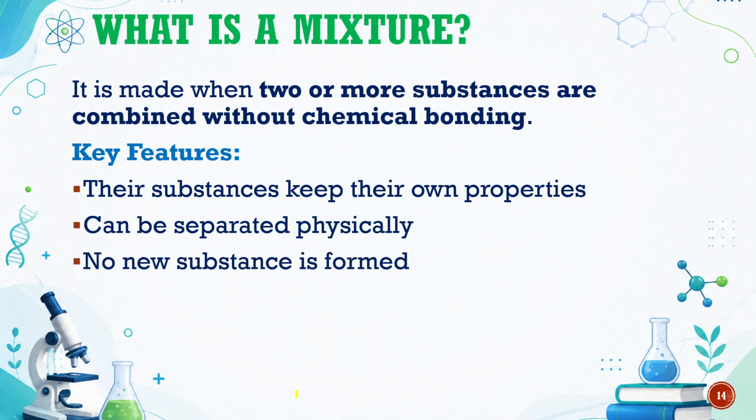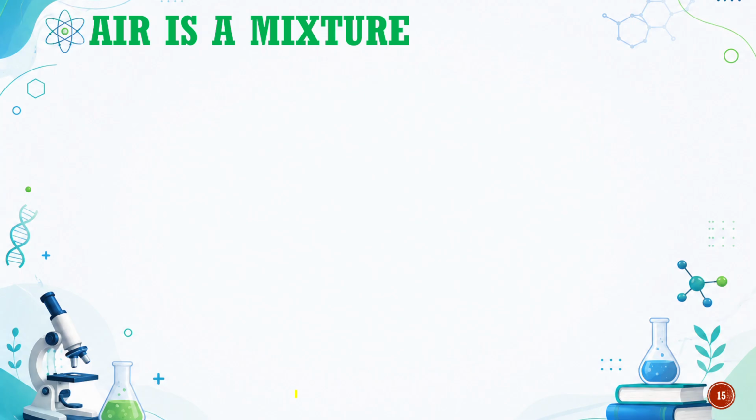Another important difference is that no new substance is formed in a mixture, because there's no chemical reaction or combining of elements, while in a compound we get a new substance.